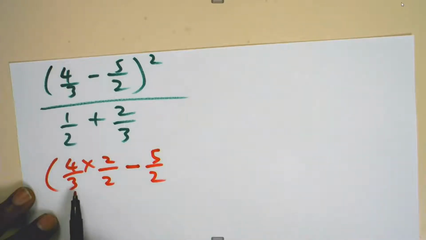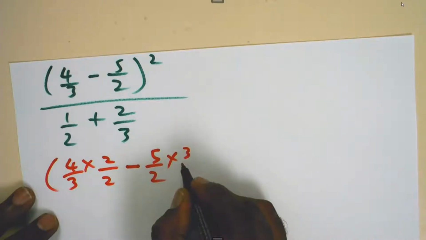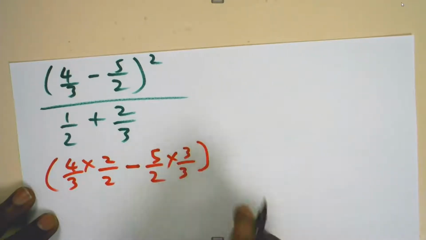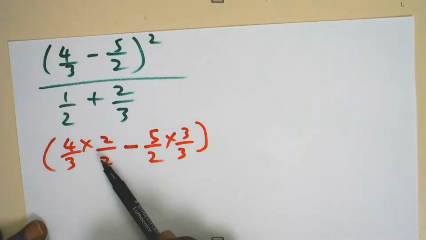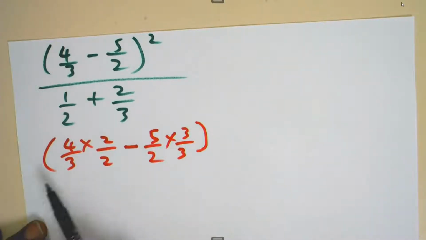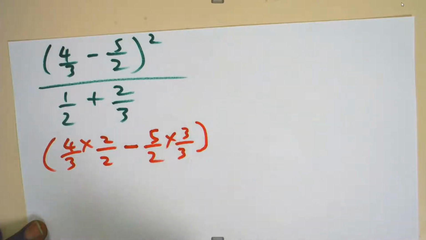We're going to multiply it with 3 over 3 to get our LCM, 6. Remember the impact: this is a 1. When you multiply with 1, it stays the same.